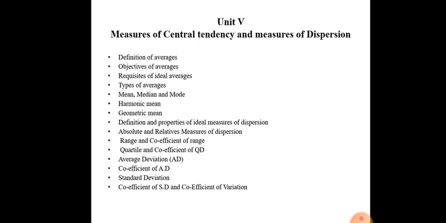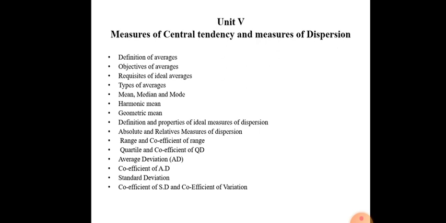Next, median. Median means the value that divides the series into two equal parts. Whatever the series is, it is divided into two equal parts by the median, and it is indicated in the formula as Md equal to (N plus 1) divided by 2.